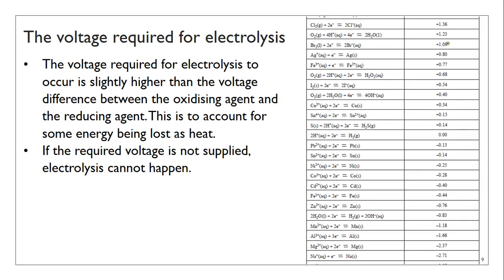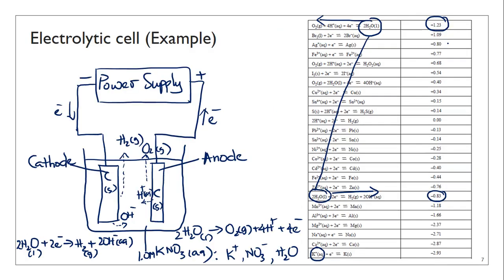So 1.23, now let's use the other one. The difference between these two is 2.06. This gap is 2.06 volt. But if you want this non-spontaneous reaction to occur, you actually need to supply a voltage that is a little bit higher than 2.06, because when you supply electrical energy, not 100% of the energy is going to be converted to chemicals.